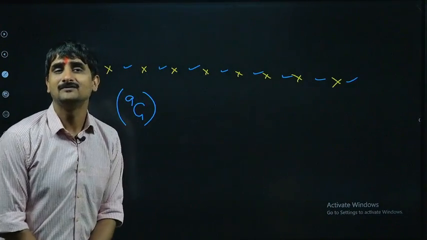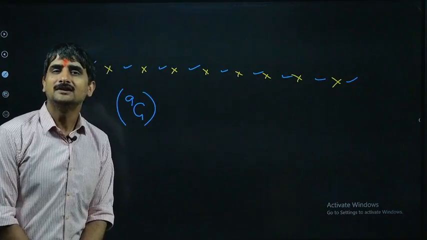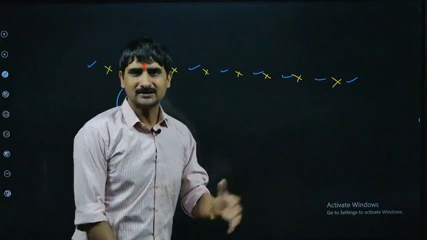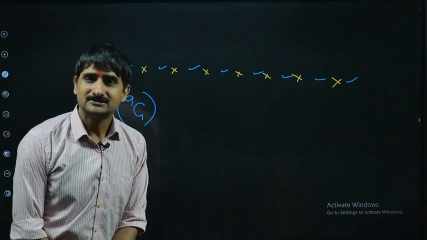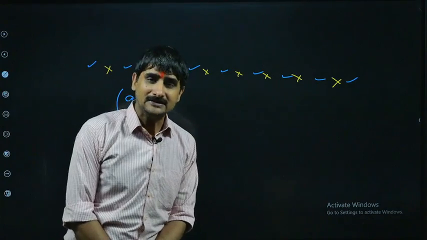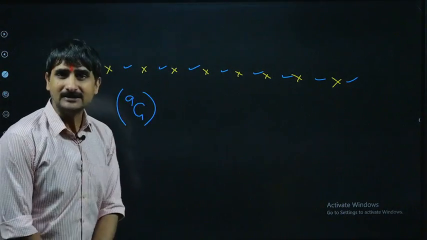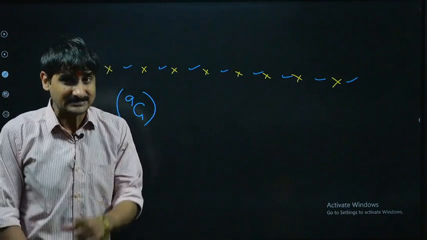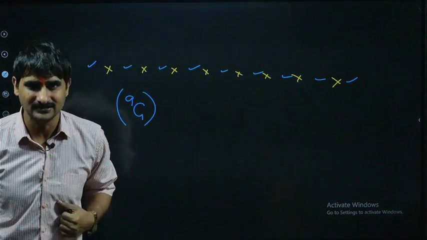How many caps are we left with? We are left with 5 caps, and then how many gaps are left? We are left with 8 gaps, but the caps are identical.